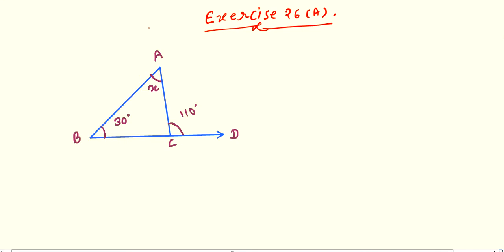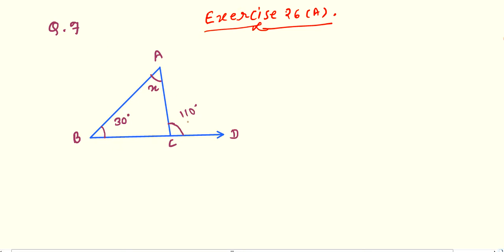So question number 7. In this question number 7, first question, as you can see we have triangle ABC and this D also. The angles are 30 degrees, 110 degrees and X. X is the unknown angle that we have to find.